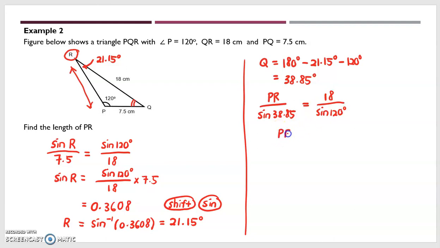So PR will be equal to 18 over sine 120 multiplied by sine 38.85 degrees. So PR is 18 divided by sine 120 multiplied by sine 38.85. So the answer will be 13.038 cm. So this is the answer for the length of PR.